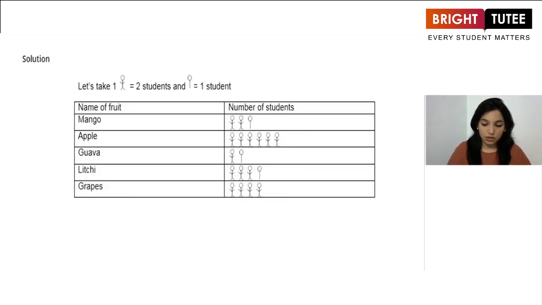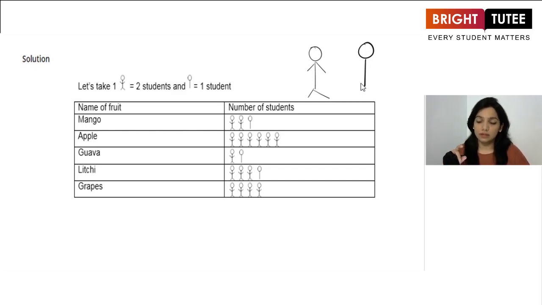Here the solution is that let this particular image, where you see a child kind of an image, represent two students. And if we are drawing just this much, it will then represent only one student.